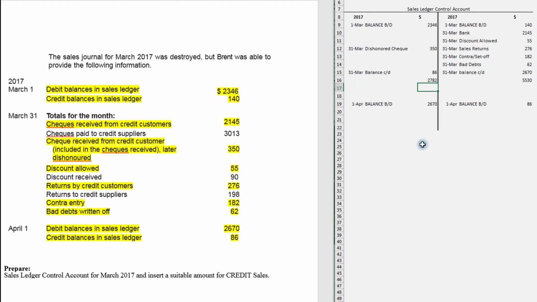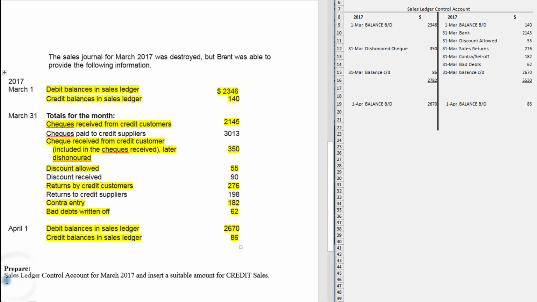We see that the debit side gave us a total of $2,782, whereas the credit side gave us a total of $5,530. Evidently, something is missing.